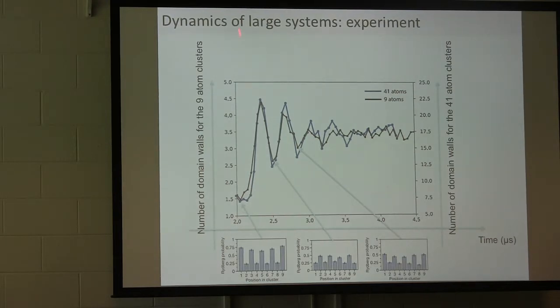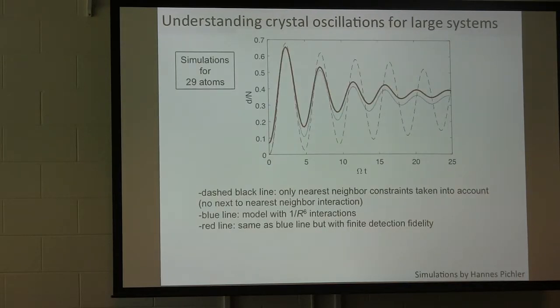And now we observe the same behavior of the number of domain walls for the 41 atoms, which makes us believe that probably the same many-body dynamics is happening for this 41 atom cluster. This has also been supported by simulations which came out yesterday evening from Hannes Fischler for 29 atoms. I think it's the highest they have made so far.